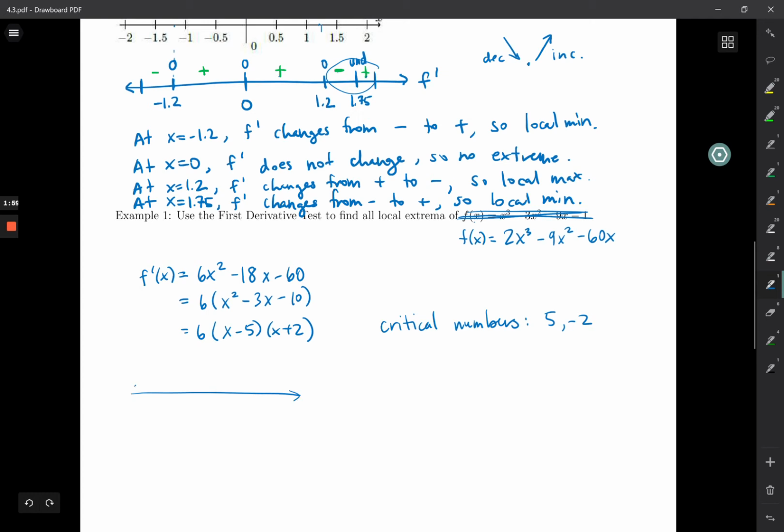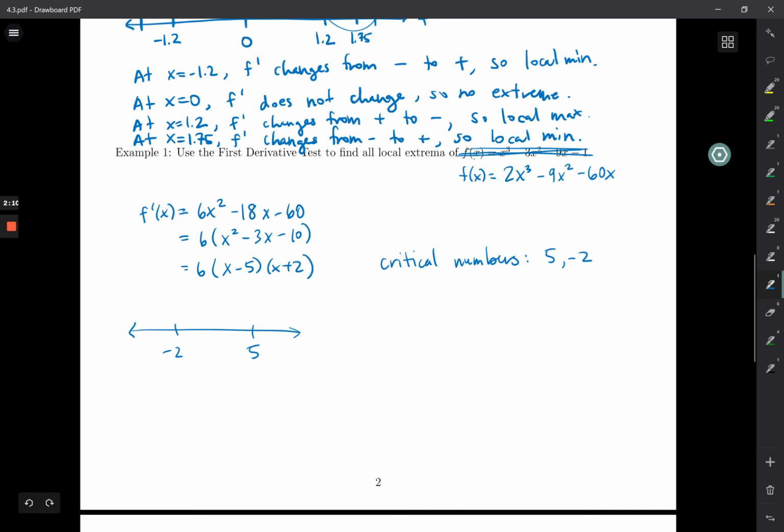So we will just put those on our number line, and then we want to create our sign chart for f prime. So we'll have a column for our test points, and then we have two factors. Remember that the 6, this is similar to the example we did at the beginning, the 6 is always going to be positive.